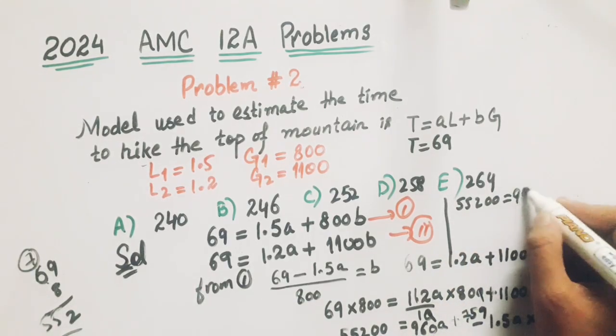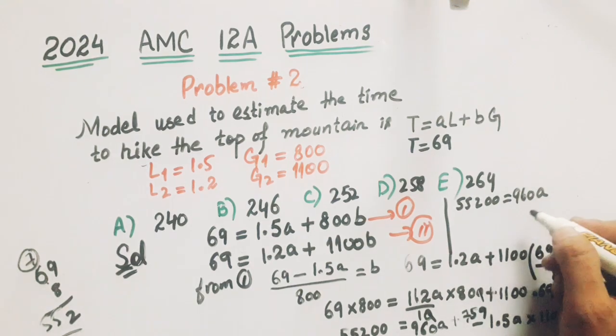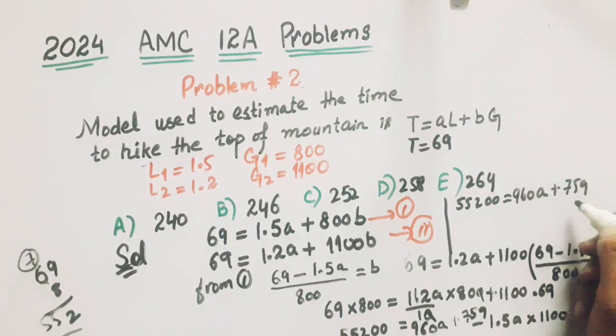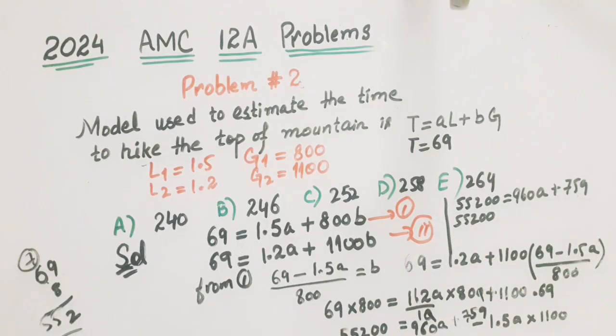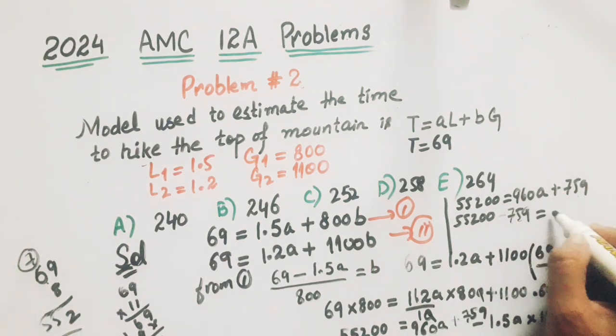55200 equals 960A plus 759, so it will be subtracted here. 55200 minus 759, because 69 when multiplied by 11 gives 759, equals 960A.